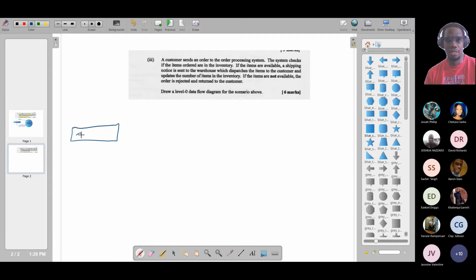So we have the customer. And we have the first order processing system process, the first process when we get the order. So the order here goes into our process, and what would be an appropriate name for this process?